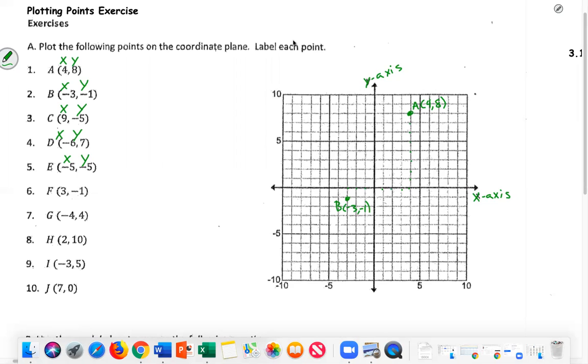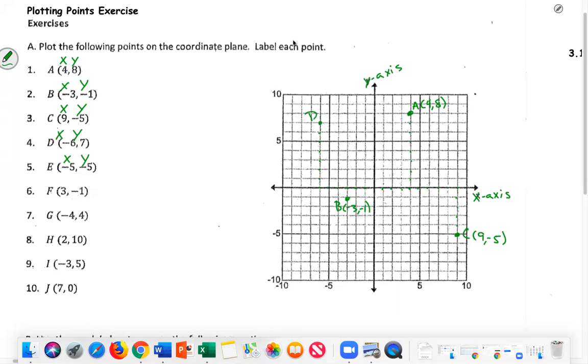C is 9, negative 5, so 9 is going to be to the right, 1, 2, 3, 4, 5, 6, 7, 8, 9, and down 5, 1, 2, 3, 4, 5. So that is C, 9, negative 5. D would be negative 6, 7, to the left 6 units, 1, 2, 3, 4, 5, 6, and up 7, 1, 2, 3, 4, 5, 6, 7.